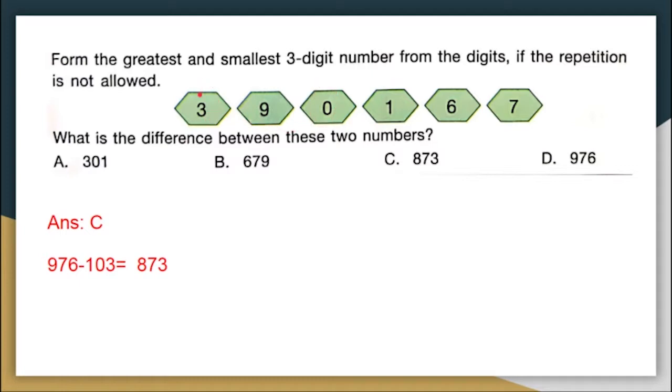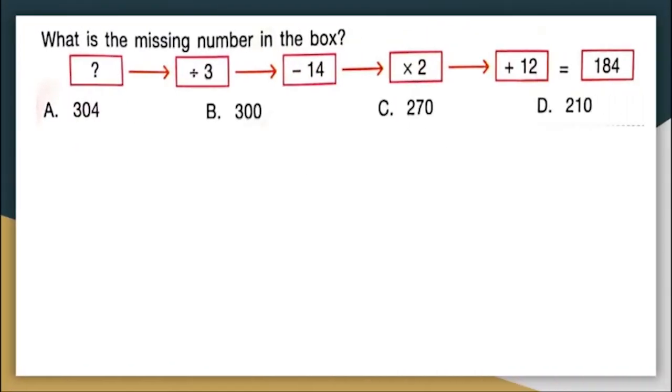So the smallest number that you can form is 103. The biggest number is 976. So 976 minus 103 is equal to 873, which is your answer, option C. Moving on to the next question.